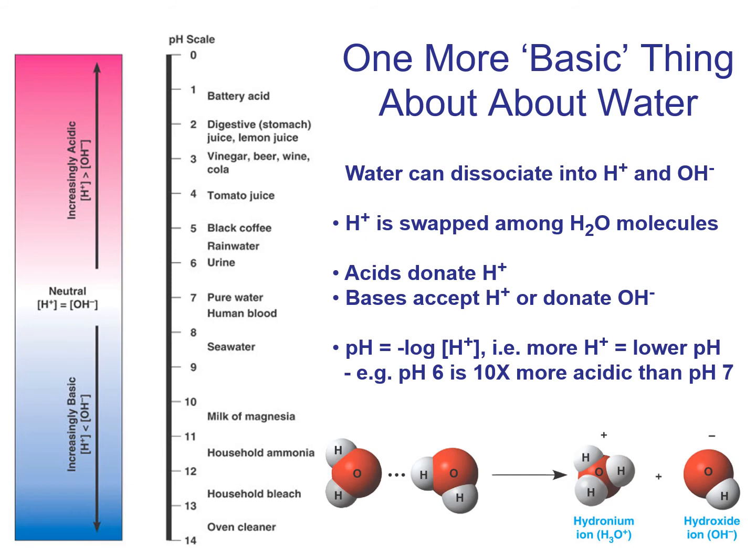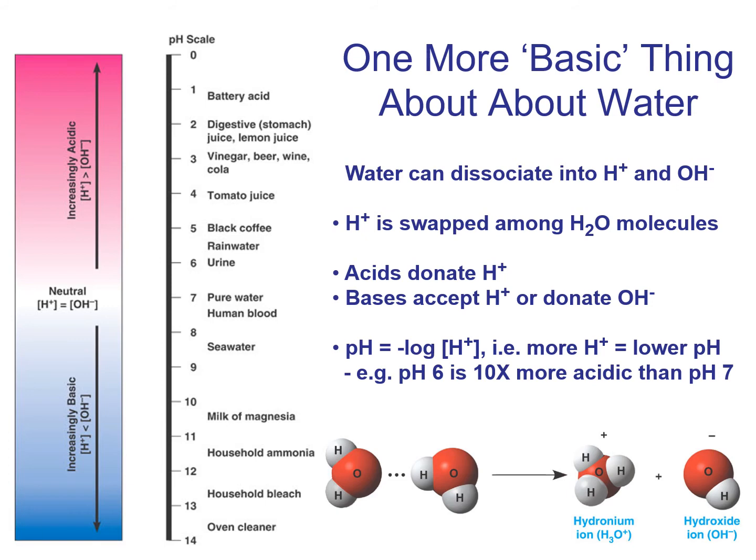You can see on the scale here, if we take, let's say, urine at pH 6, and we compare that to black coffee at pH 5, black coffee is 10 times more acidic than urine. That means it has 10 times the concentration of free hydrogen protons. Or we could say that urine is 10 times as basic as black coffee.